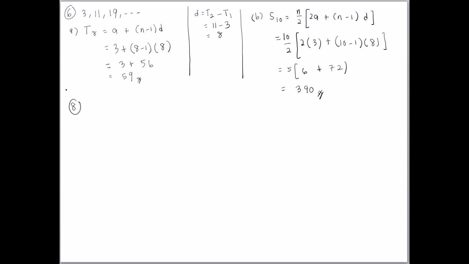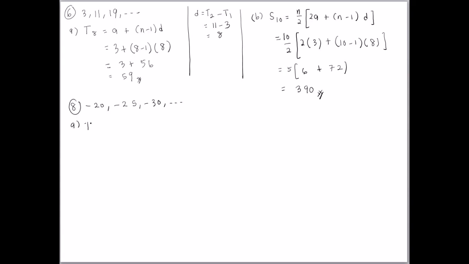Question 8. Given an arithmetic sequence negative 20, negative 25, negative 30. A, we want to find the 20th term of the sequence.